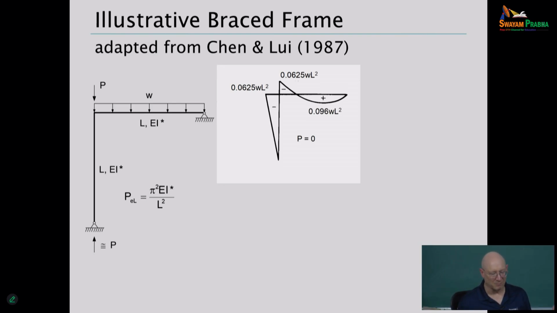And so the force in the column is approximately equal to P. If we do an analysis of this structure where P is 0, and W is a very small load, essentially it's a first order analysis result. What you see here with this moment diagram is what we would have. Again, moment drawn on the tension side.